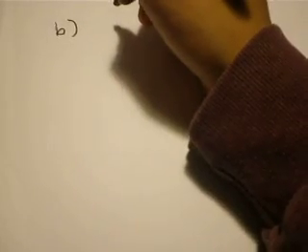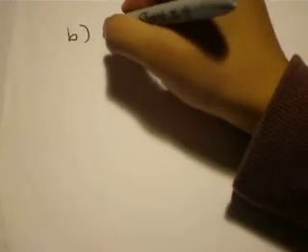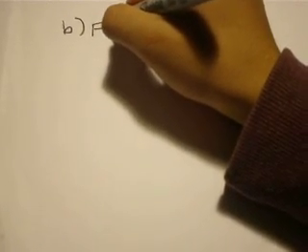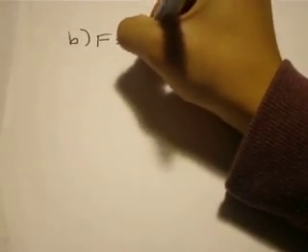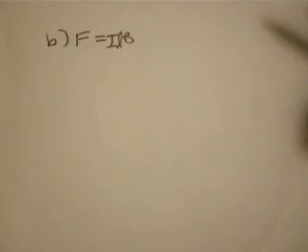So part B asks for the magnitude and direction of the magnetic force on the rod at t equals 0. Start by saying that F equals ILB, because B is perpendicular, so you multiply.